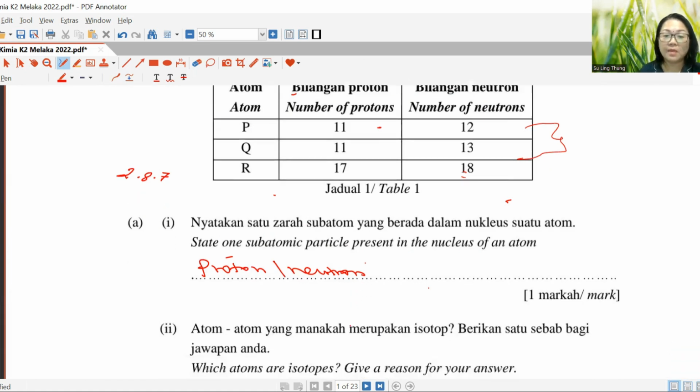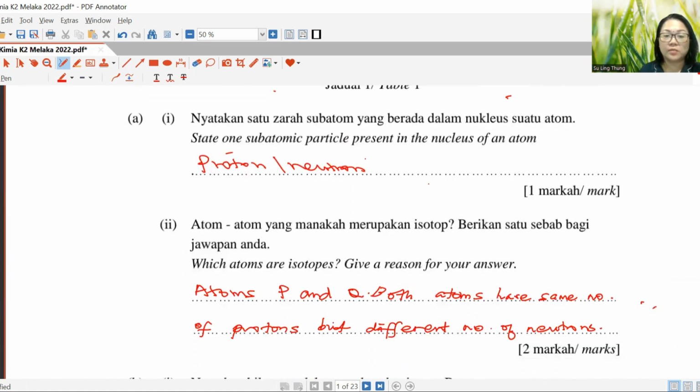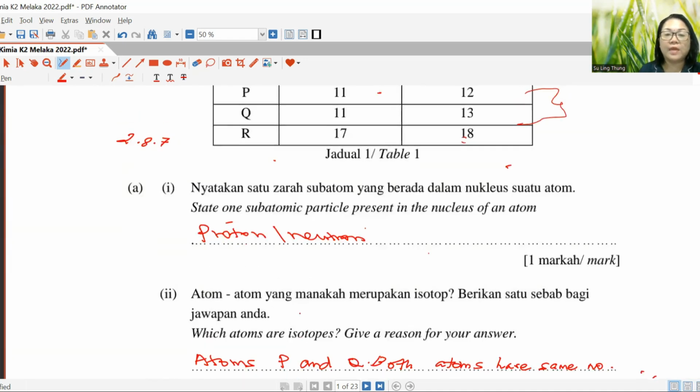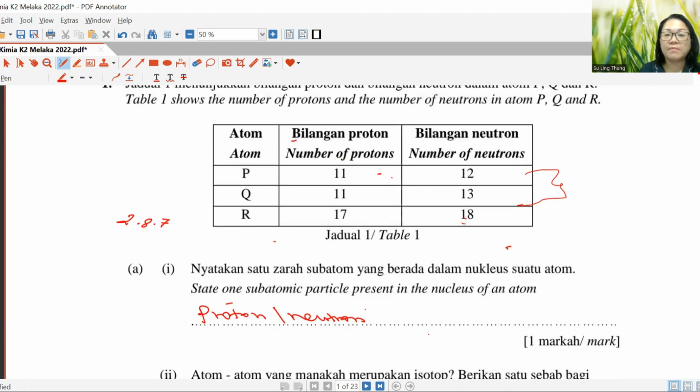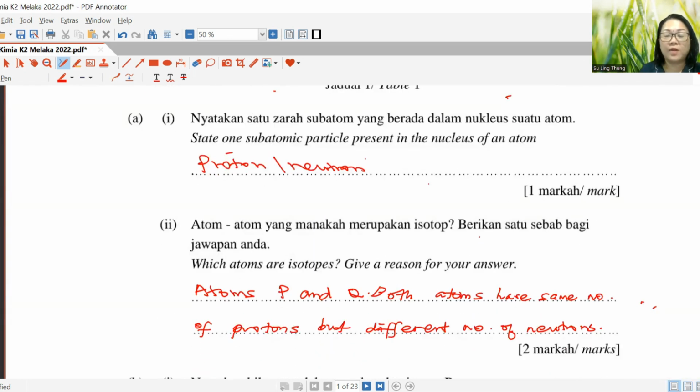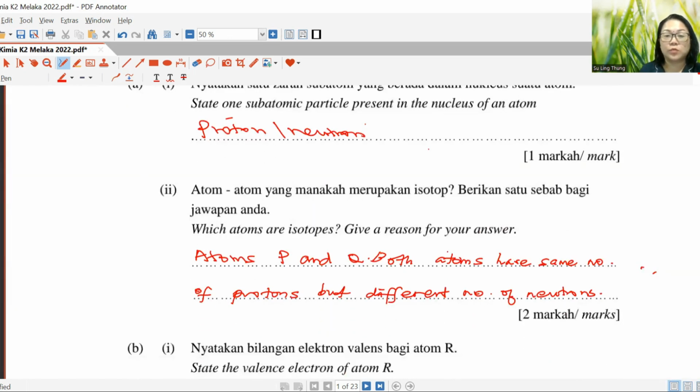Now let's look at question 2. Which atoms are isotopes? Give a reason for your answer. You have to name both atoms P and Q, because they have the same number of protons and different numbers of neutrons.